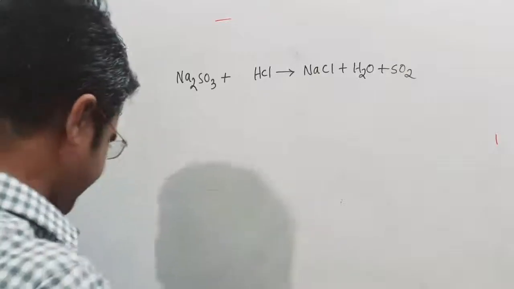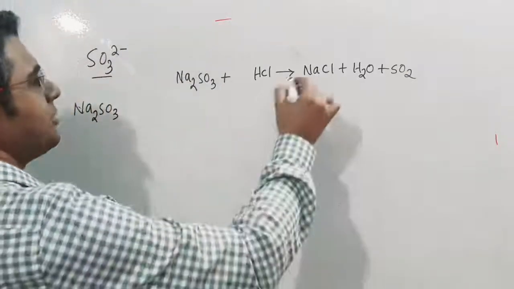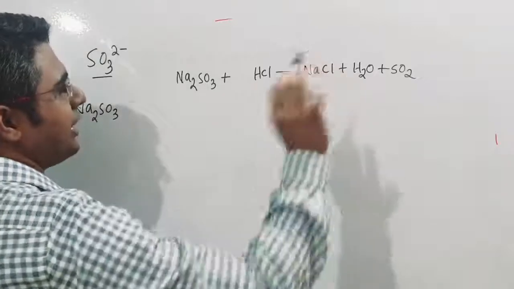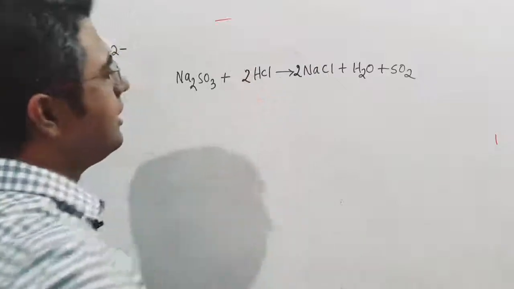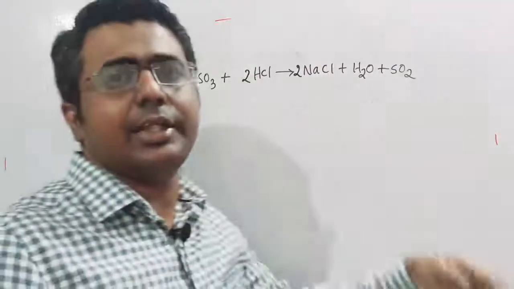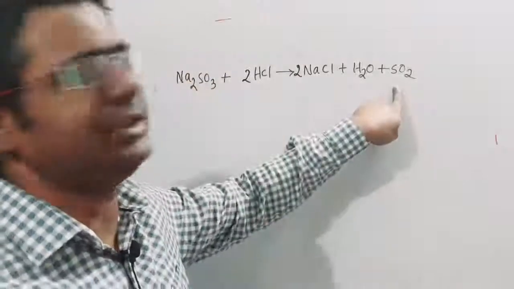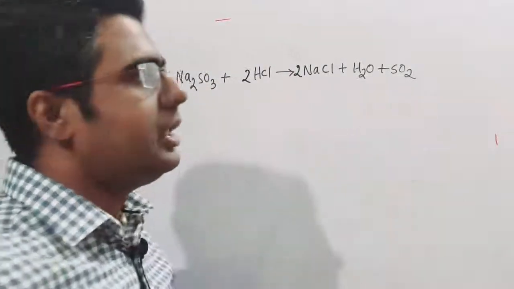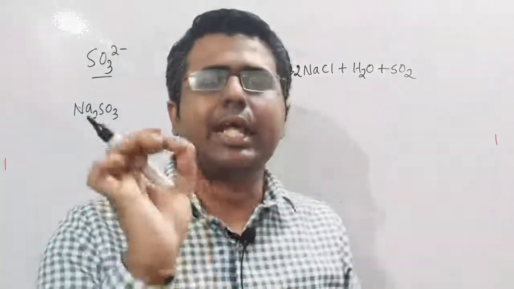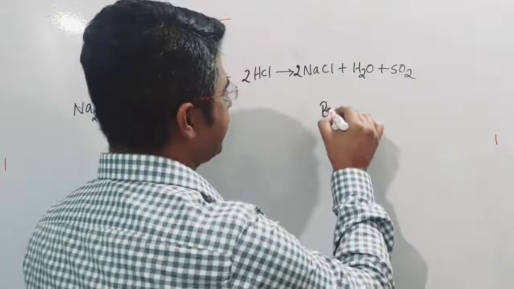To balance it, I have to put 2 NaCl and the job is, I guess, done, right? The difference between this reaction and the one we did for carbonates is that there we got CO2, now you are getting SO2. In smell, you get a characteristic difference. This will also give brisk effervescence.